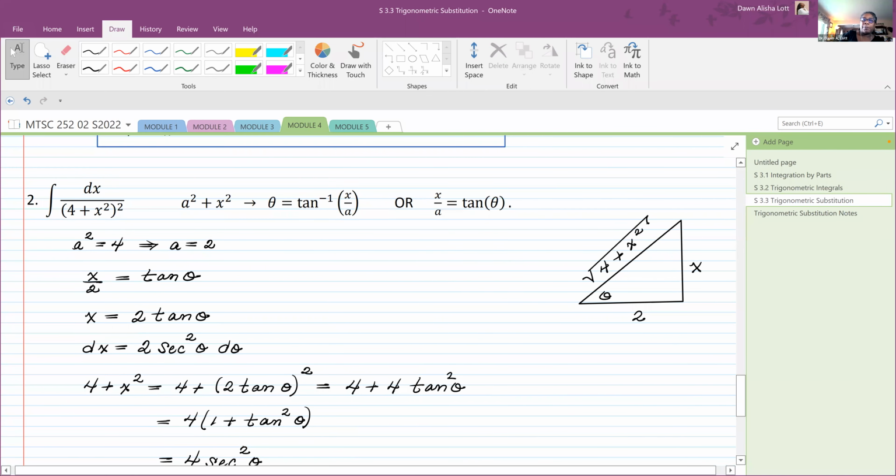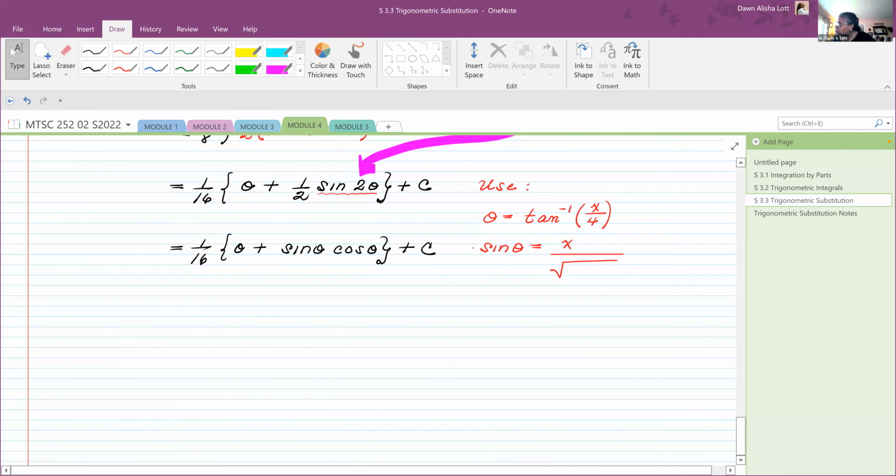No, 4 plus x squared. So this is wrong. A is 2. And the cosine of theta is 2 over the square root of 4 plus x squared.